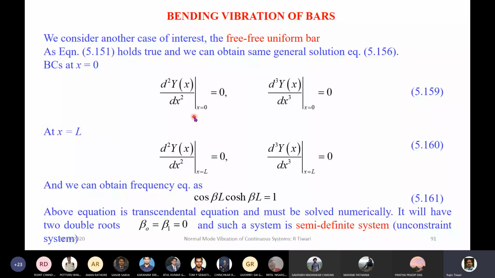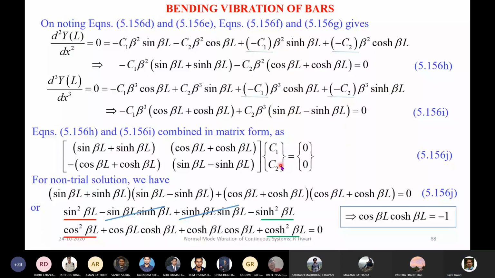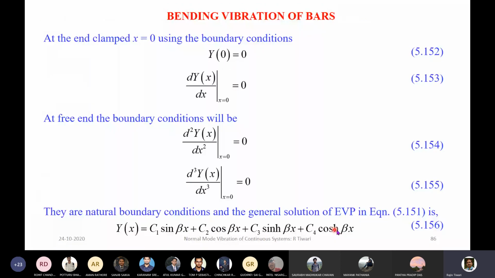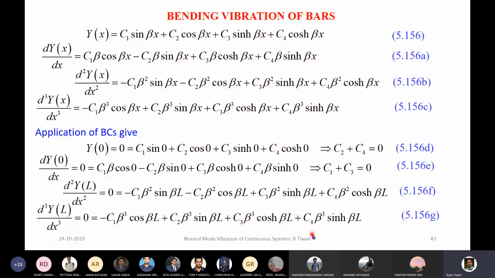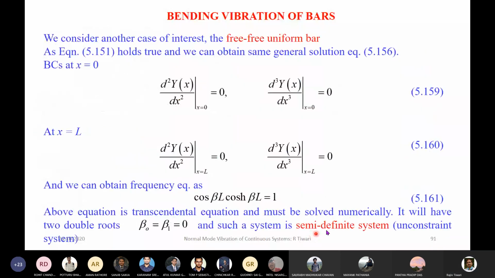If we start with the application of the boundary conditions in this, now whatever procedure has been explained, we can solve for C1, C2, C3, C4. If we do the same procedure, we will get a frequency equation like this. This frequency equation looks similar to the previous one.